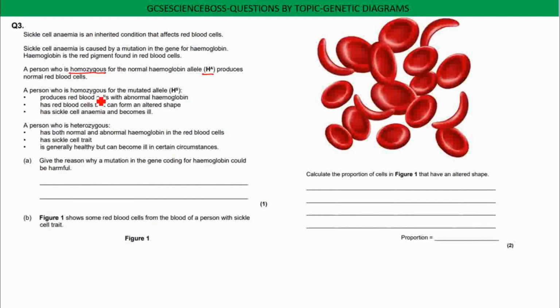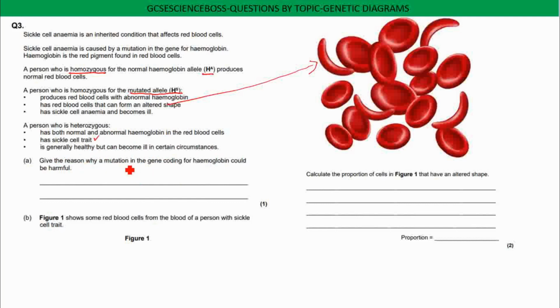A person who is homozygous for the mutated allele produces red blood cells with abnormal hemoglobin, has red blood cells that can form an altered shape like that, and has sickle cell anemia and becomes ill. A person who is heterozygous has both normal and abnormal hemoglobin red blood cells. They have sickle cell trait, and are generally healthy, but can sometimes become ill in certain circumstances.